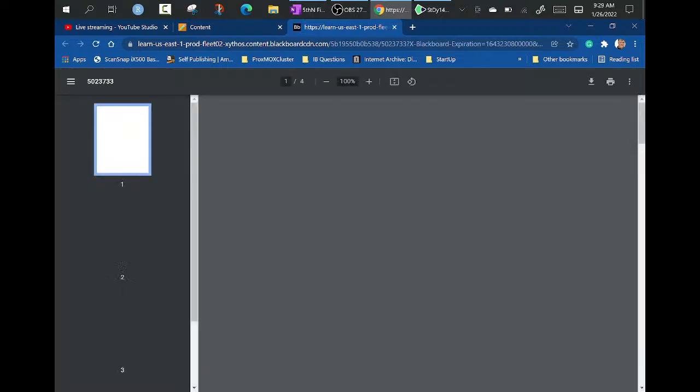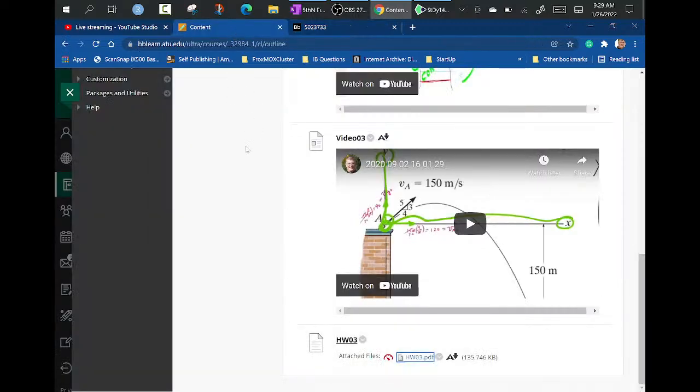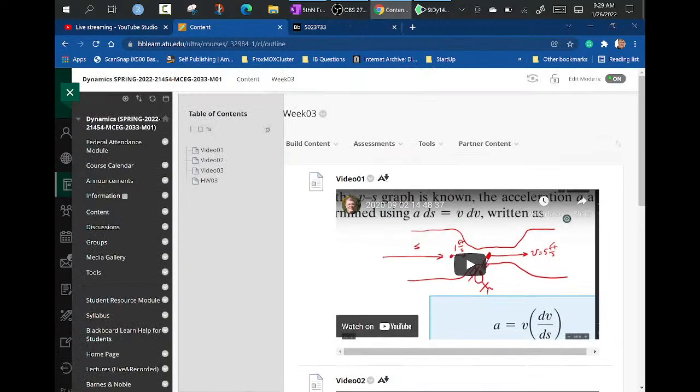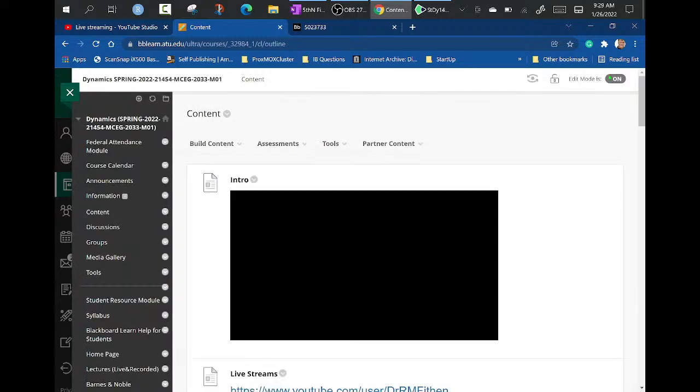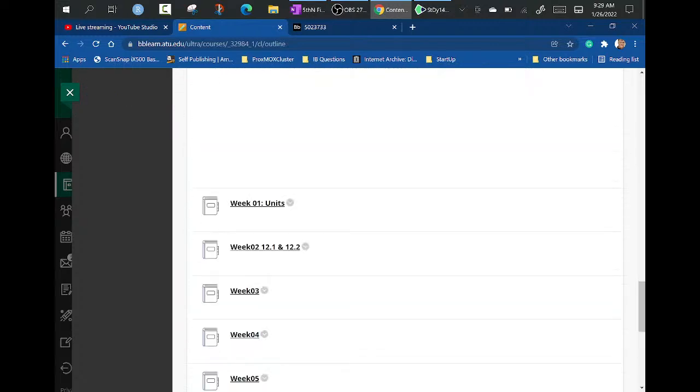I'll do this. I don't think this one's it. Yeah, that's that is the erratic motion, which I did that, and shoot. This is one of the reasons I don't like Blackboard. You have to fumble around all the time.